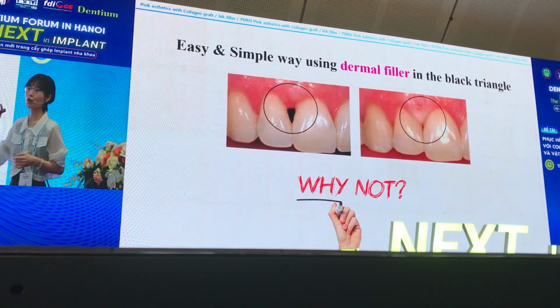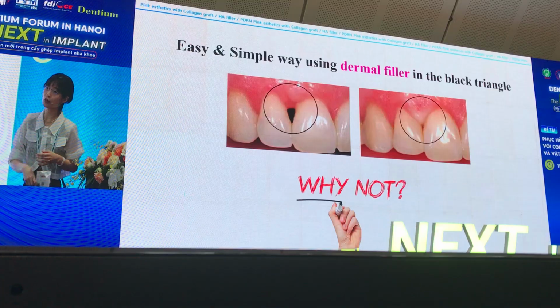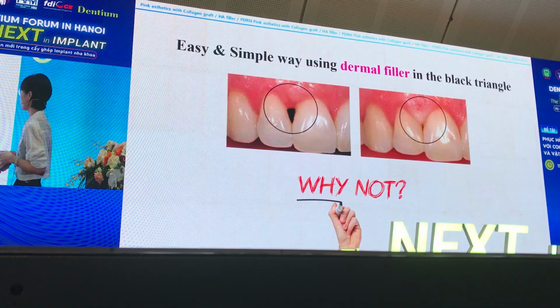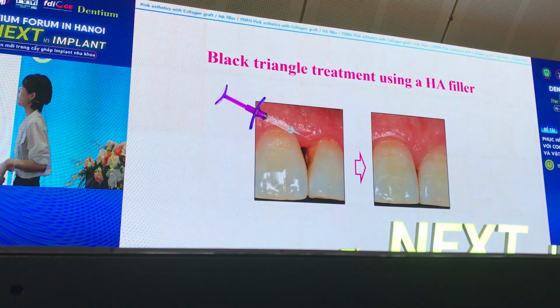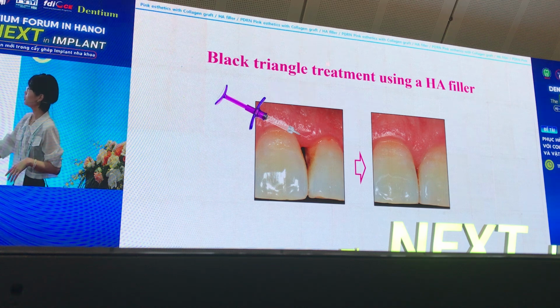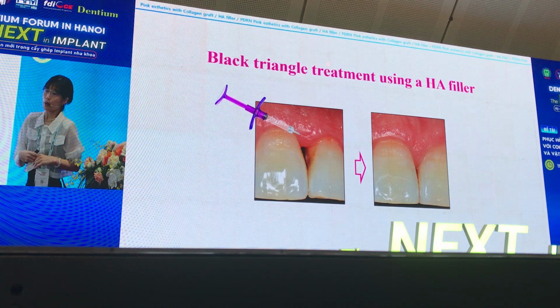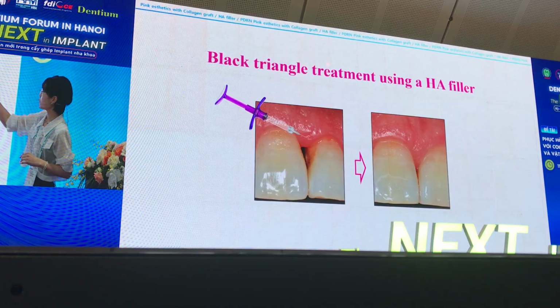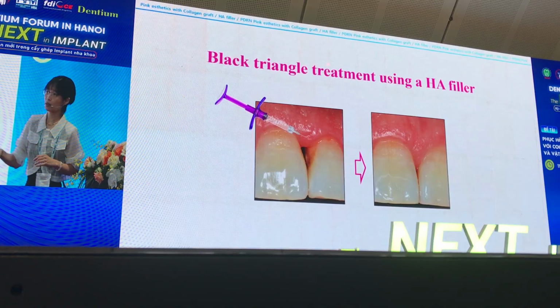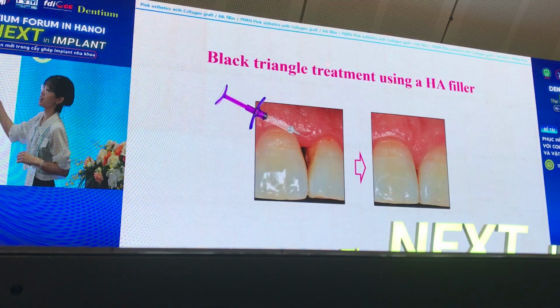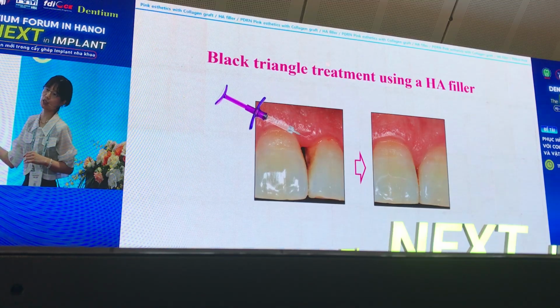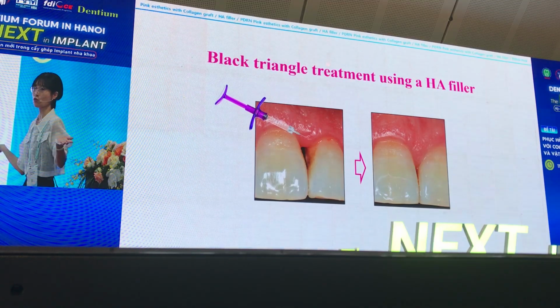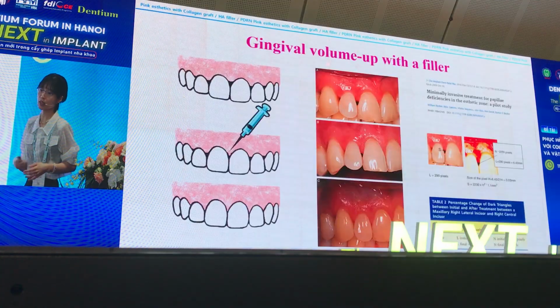We can make volume of the gingiva using the fillers. Why not? So I tried to do it like this. You can just apply the filler in the proximal part, and you can get the filling in the proximal part like this. So you don't need the white treatment anymore, right?